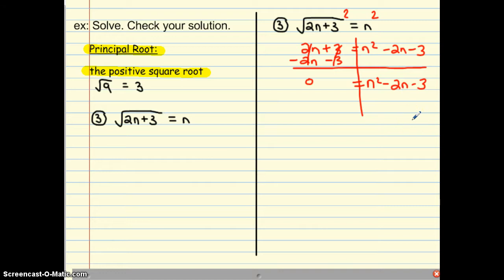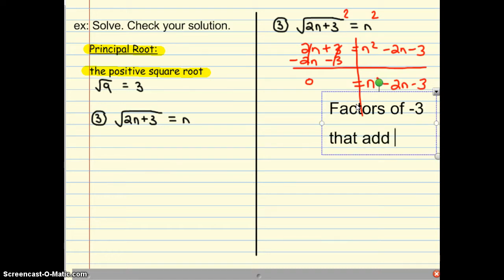And now we're going to come back to that thing where we have factors of negative 3 that add to negative 2.